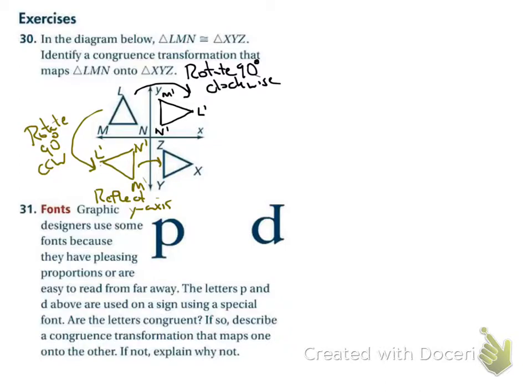And then I would reflect over the x-axis to match L to X, N to Z, and M to Y, which if we look at the names, M and Y should be corresponding, L and X should be corresponding, N and Z would be corresponding. So either of those would be an example. Rotate one way, reflect across the axis.